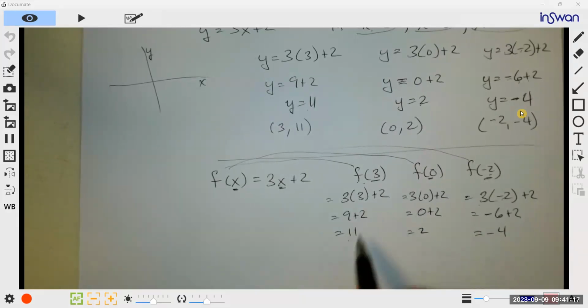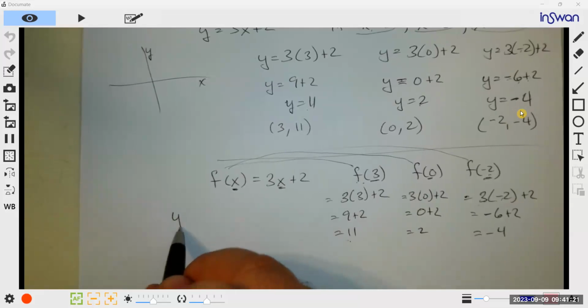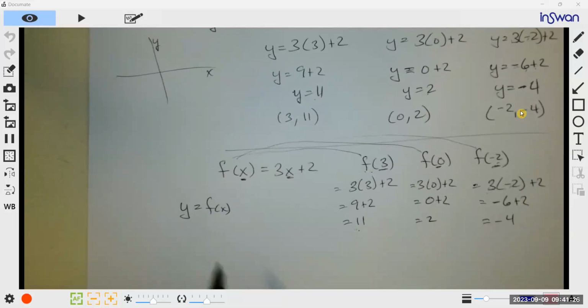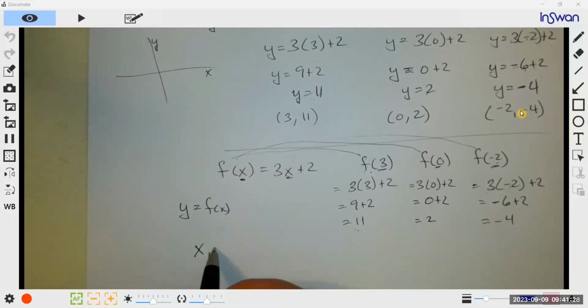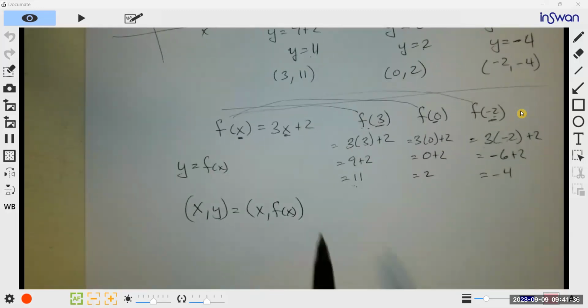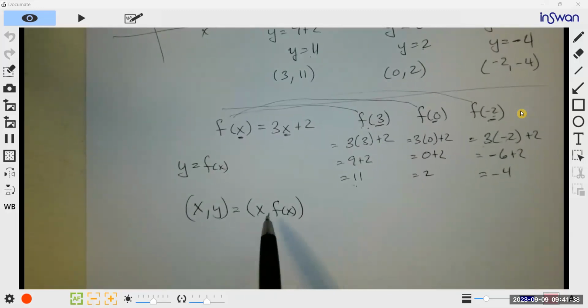Again, these are also points because here's my y value. y is the same thing as f of x. So in the past, when we talked about a point is x and y, it's more accurate because here I'm saying that the x I use is corresponding to this y value.